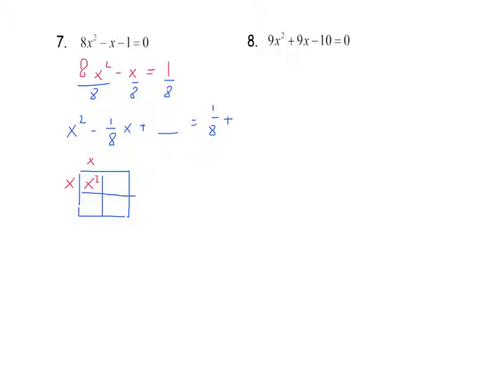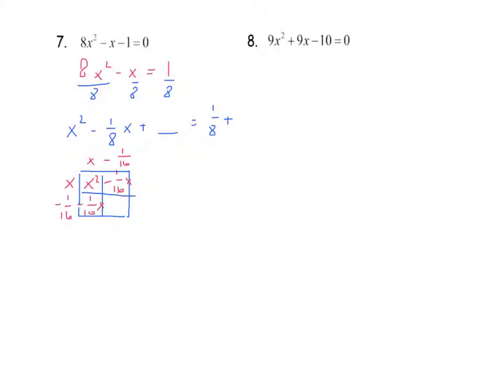Half of negative 1/8 is negative 1 over 16 x, and negative 1 over 16 x. So the side lengths will be minus 1 over 16 and minus 1 over 16.